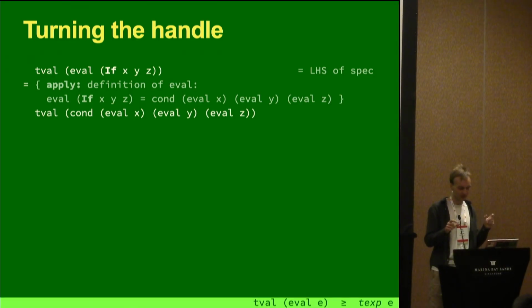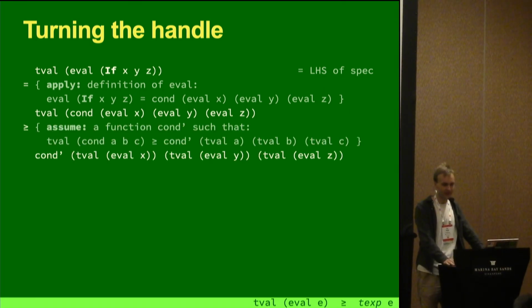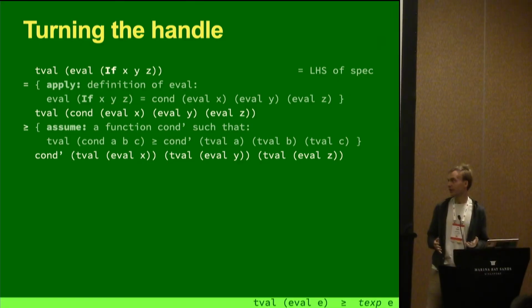It's that tval of eval is greater than tx. But we don't have this. What we can do is just postulate this function. I'm going to suggestively call it cond prime. And I'm going to say that this function is exactly what we need to get this term in the form where we have lots of tvals and evals next to each other, which is very convenient.